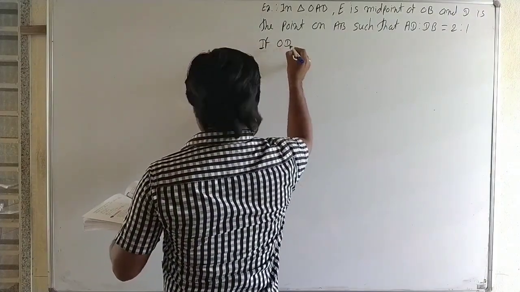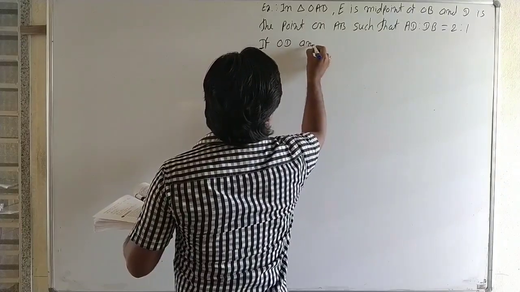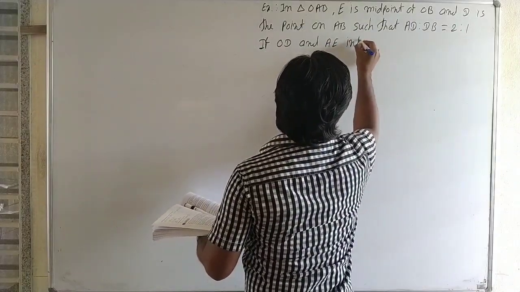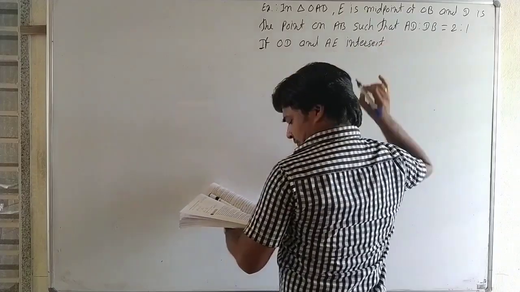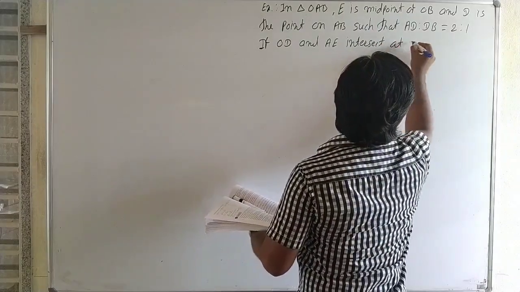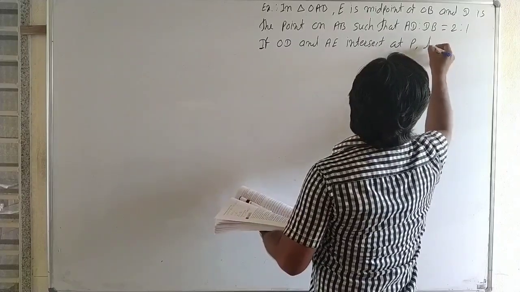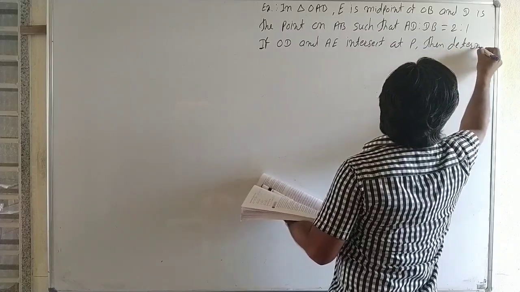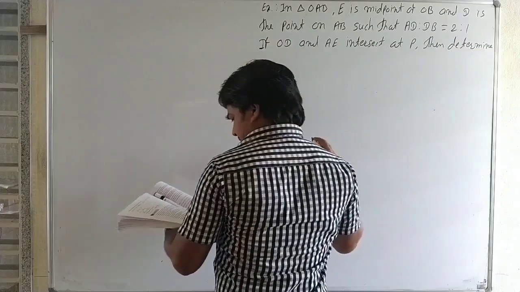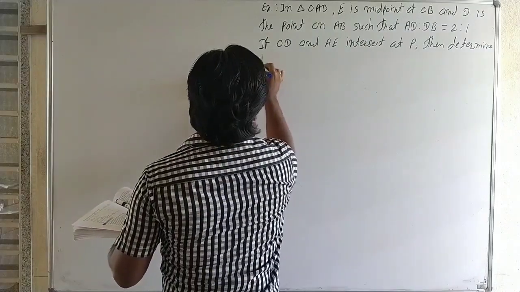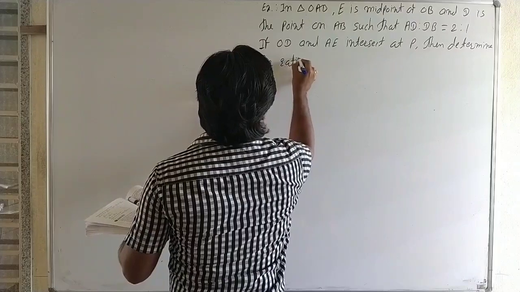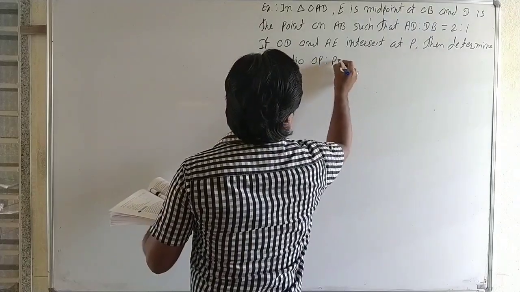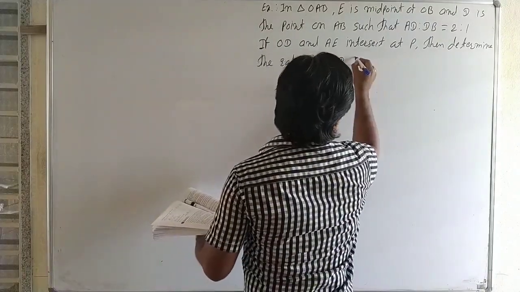If OD and AE intersect at P, then determine the ratio OP is to PD using vector method.